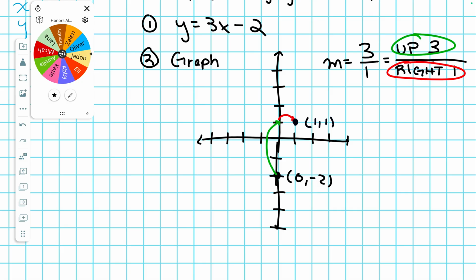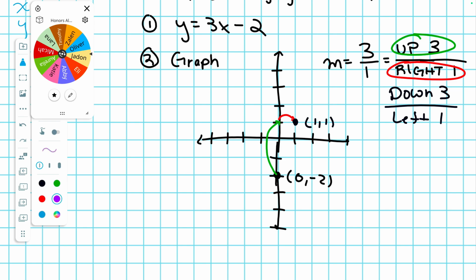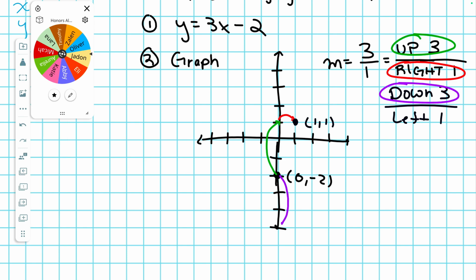So this would be down 3 over, what did I put on the bottom? Left 1. Down 3. 1, 2, 3.